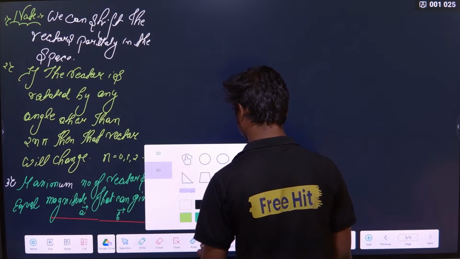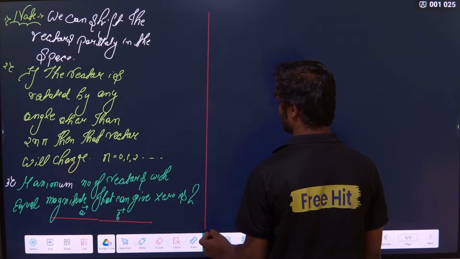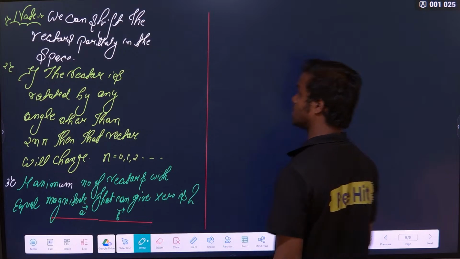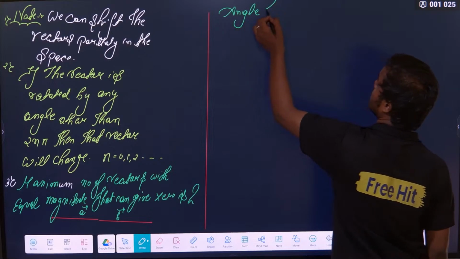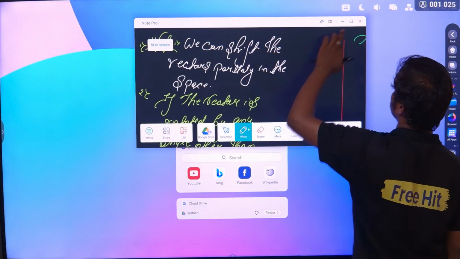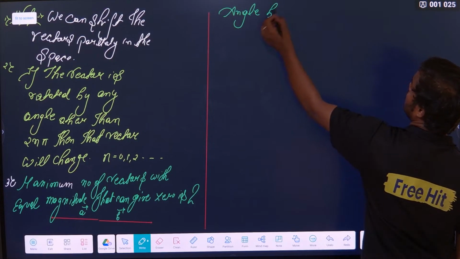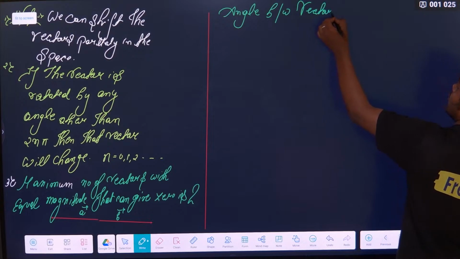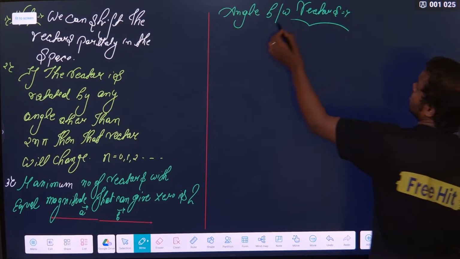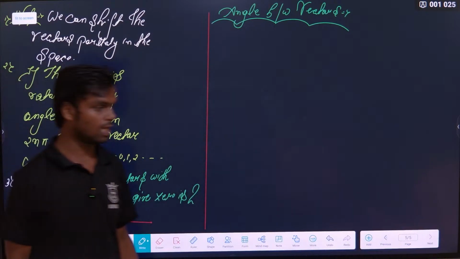I hope you understand the concepts, what I am trying to say. Now the next thing is the angle between the vectors. Now what is the angle between the vectors?